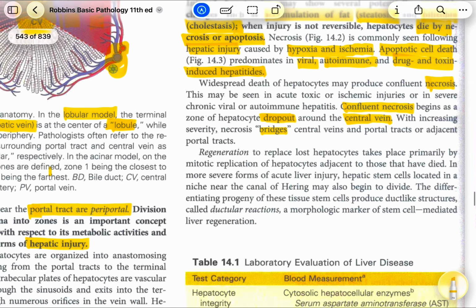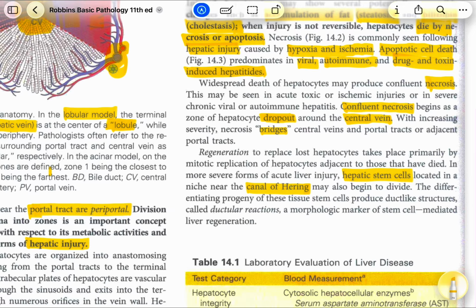Regeneration to replace the lost hepatocytes takes place primarily by mitotic replication of hepatocytes adjacent to those that have died. In more severe forms of acute liver injury, hepatic stem cells, which are located in a niche near the canal of Hering, begin to divide.